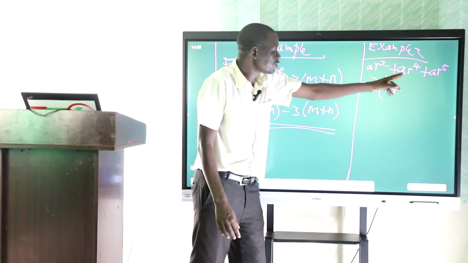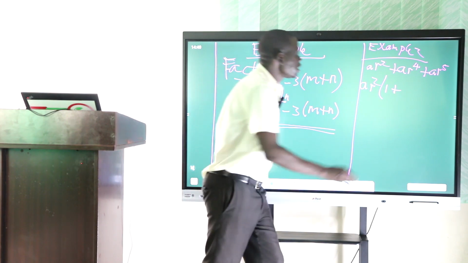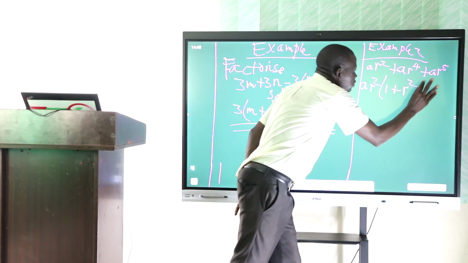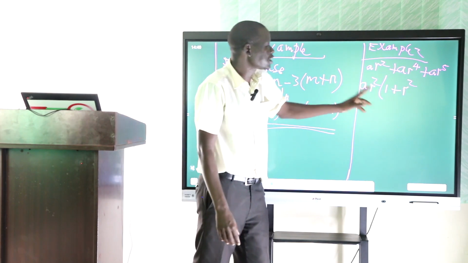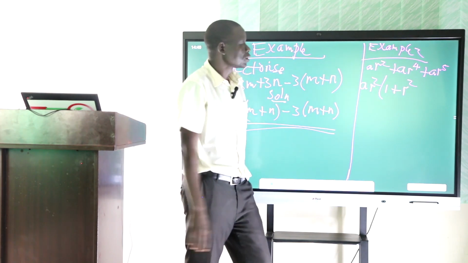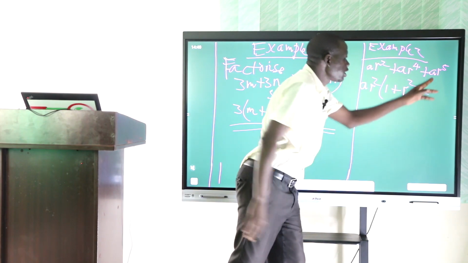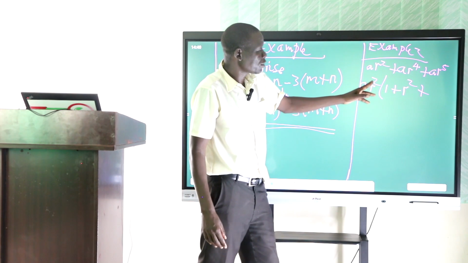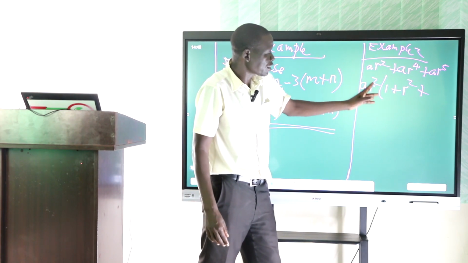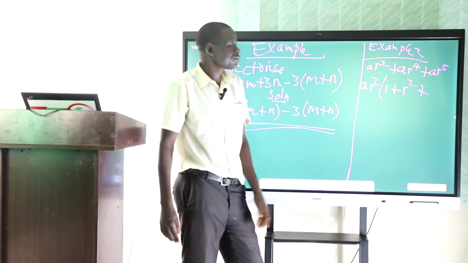The A is already existing. We are left with R squared, such that AR squared times R squared, you get AR to power 4. Plus, what can we multiply AR squared with to give us AR to power 5?